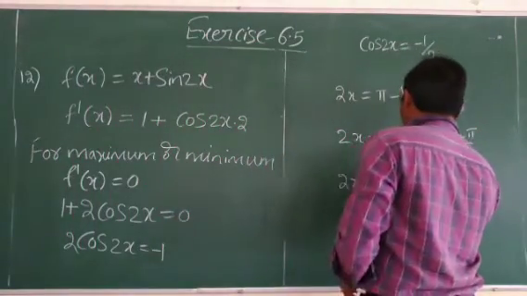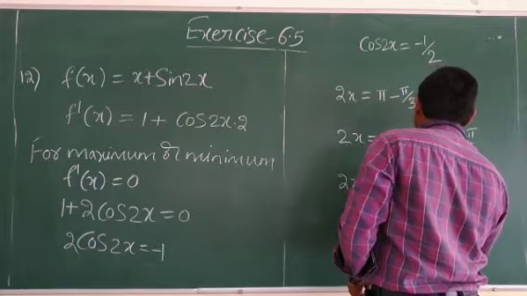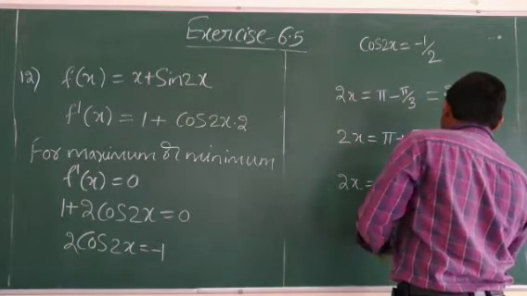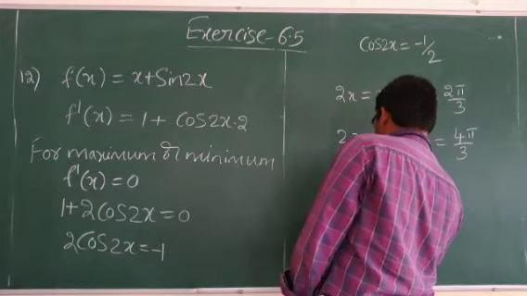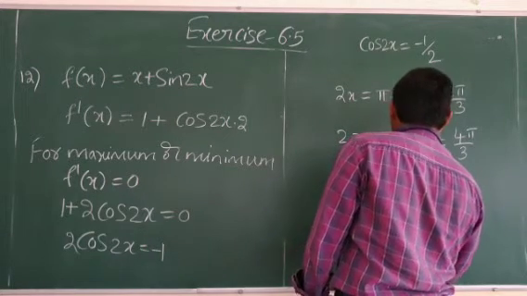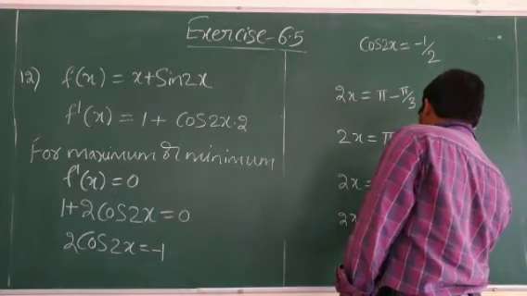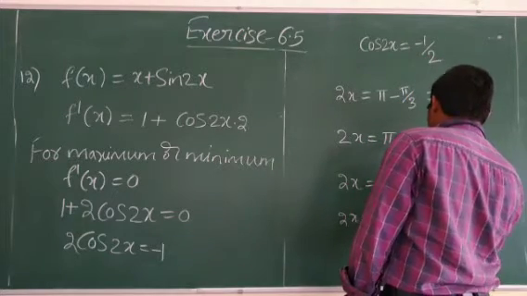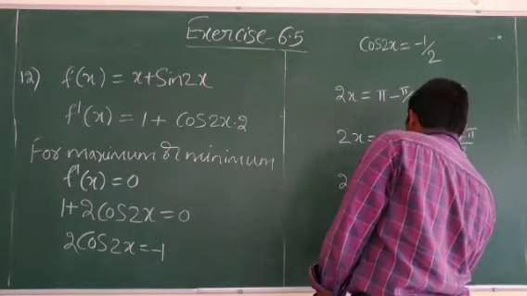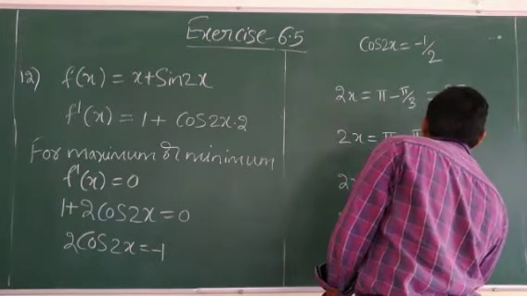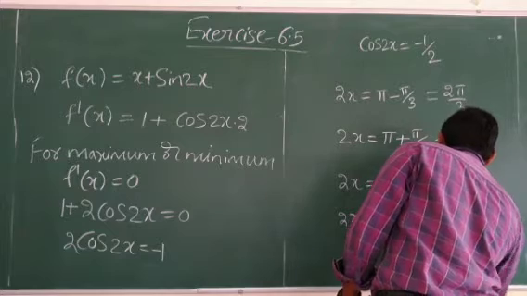So we can also take 2 pi plus 2 pi by 3, and 2 pi plus 4 pi by 3.